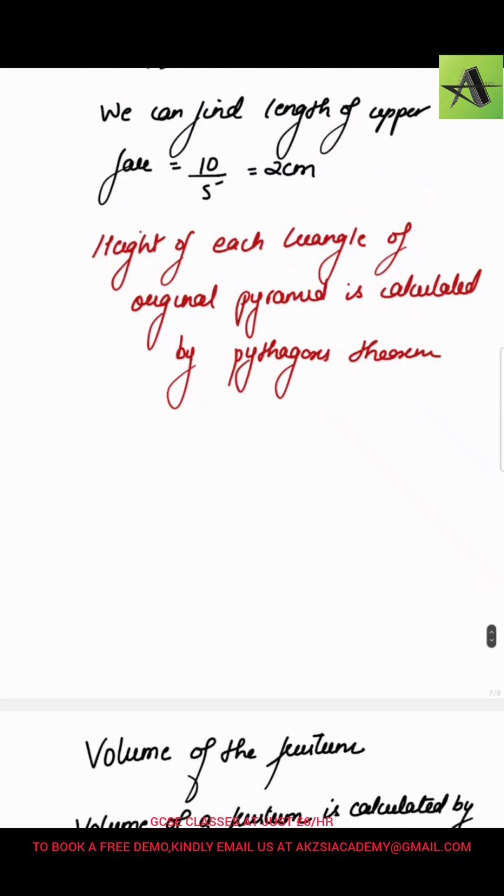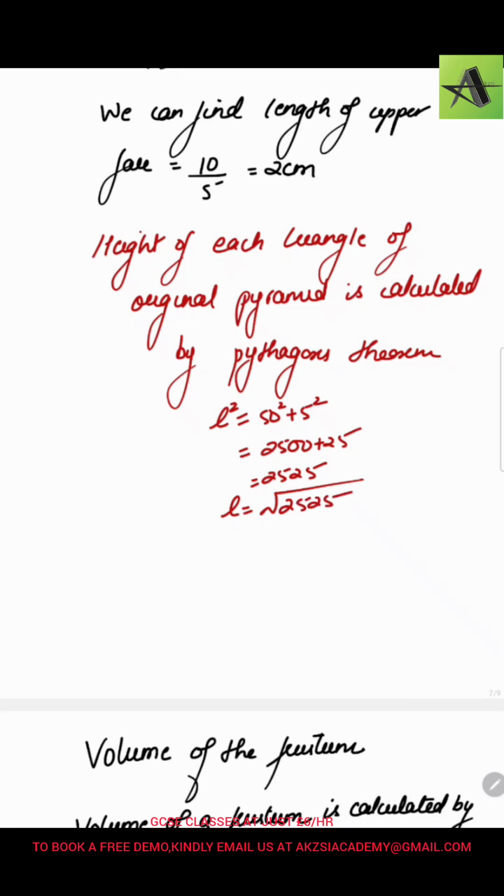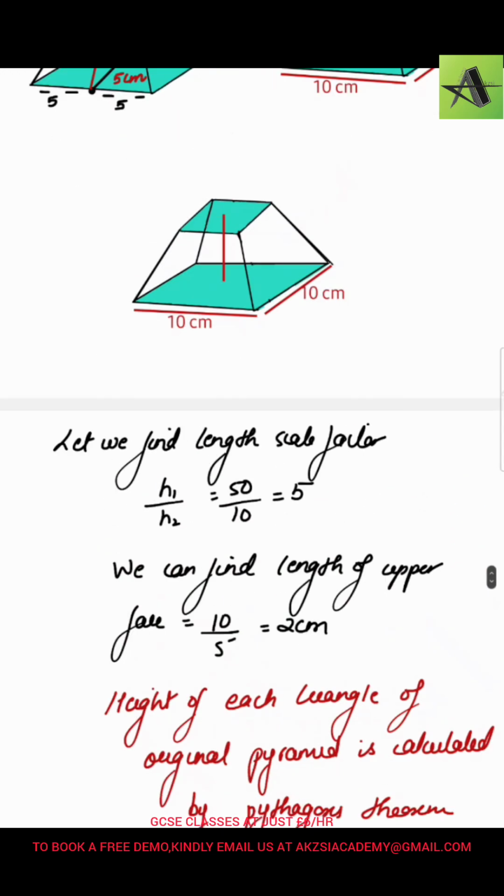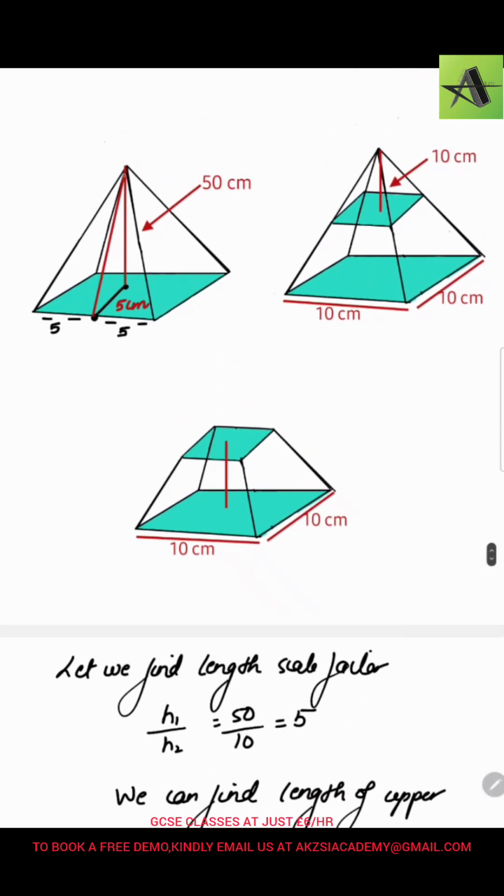Let's say it's L. L squared is 50 squared plus 5 squared, which is 2500 plus 25, that is 2525. And finally, you will get root of 2525. From here, I can say that this would be 50.25. So the length for this bigger triangle is 50.25.